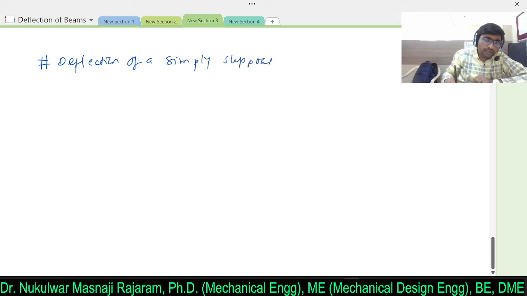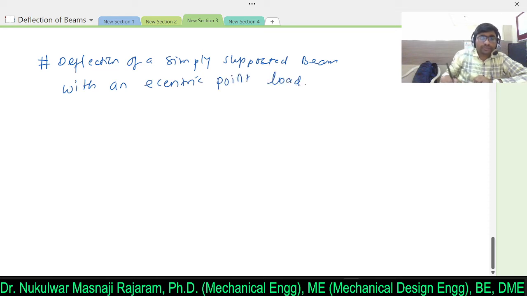Likewise, if you derive the derivation for deflection of a simply supported beam with an eccentric point load. Simple.